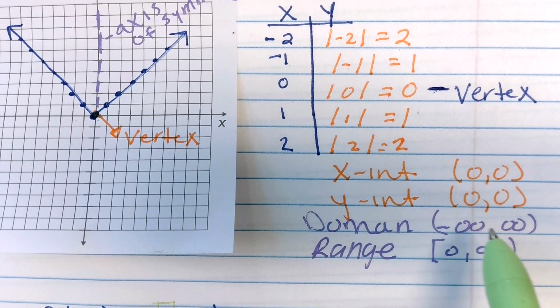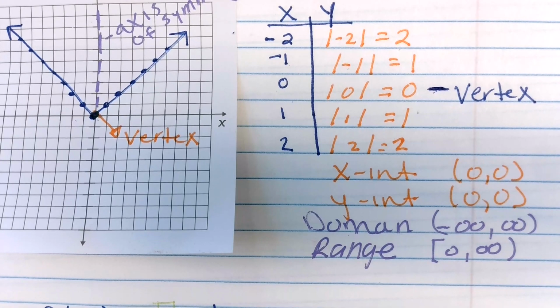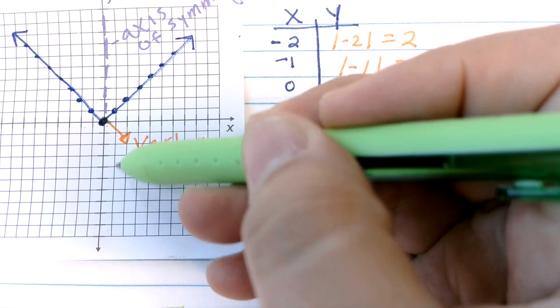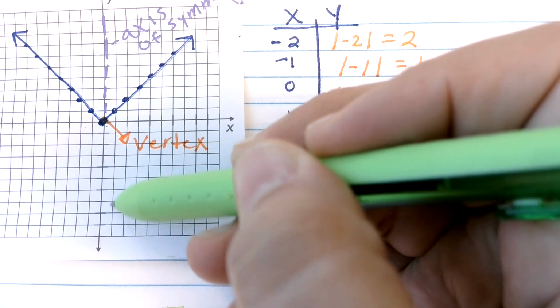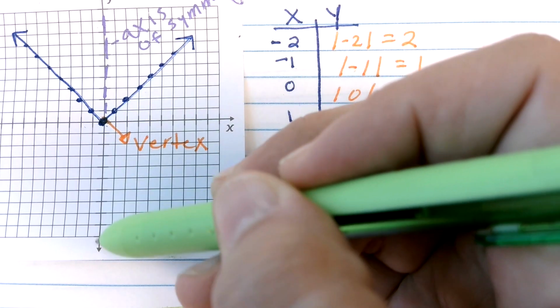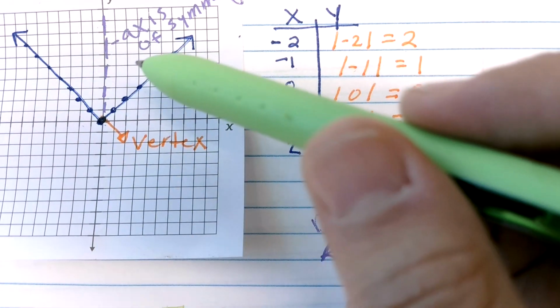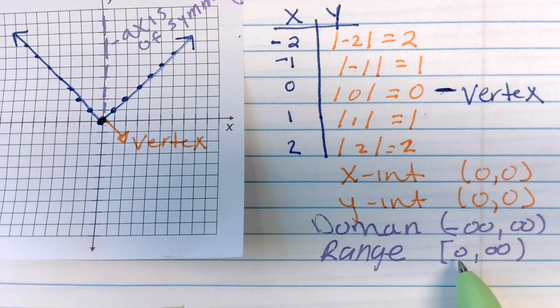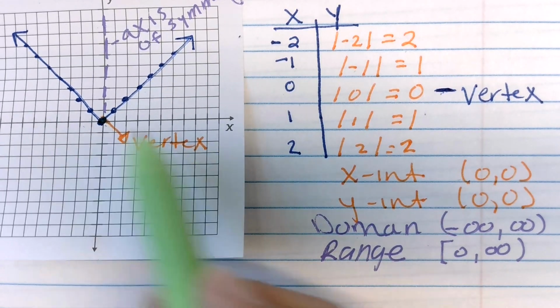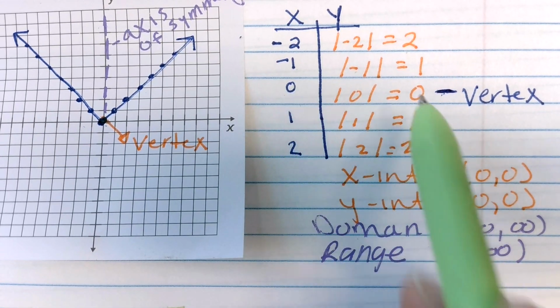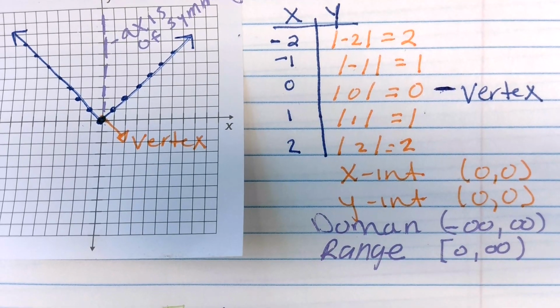So the domain is -infinity to +infinity. But for the range values, I don't use these values on my y-axis. So for the parent function, the range is greater than or equal to 0. And that does get determined by the vertex. So the number in your vertex should be in your range.